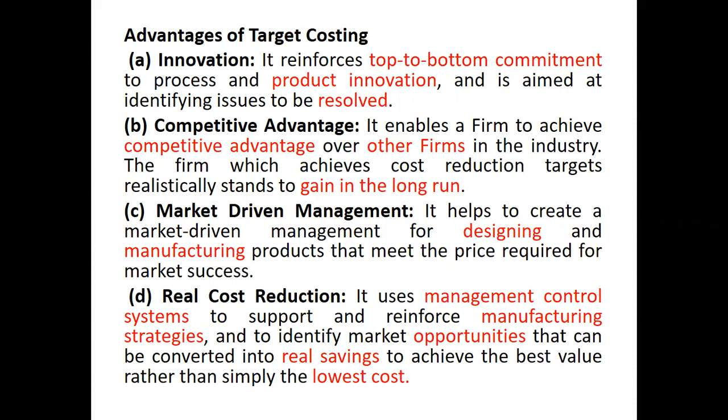Getting this? So every respective employee will get certain targets and will try to reduce the cost. So real cost reduction at every stage is possible due to target costing.